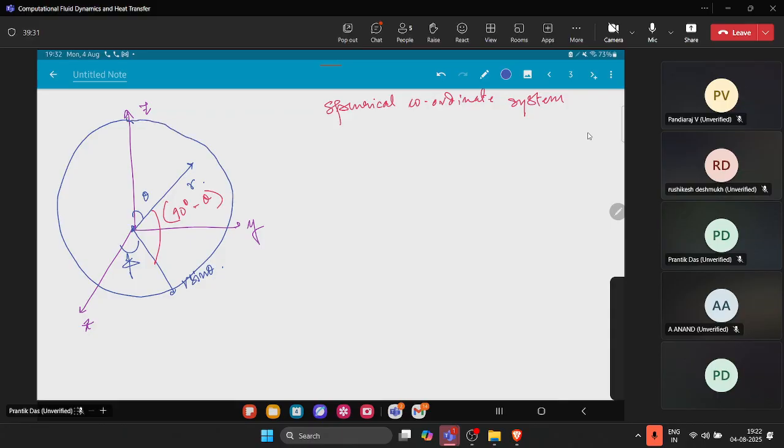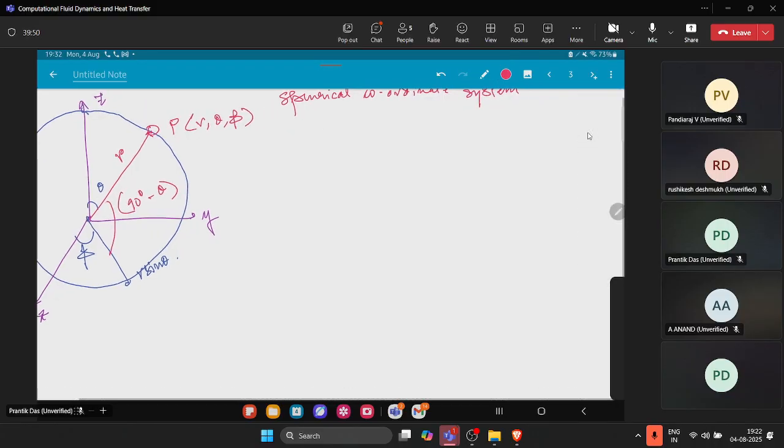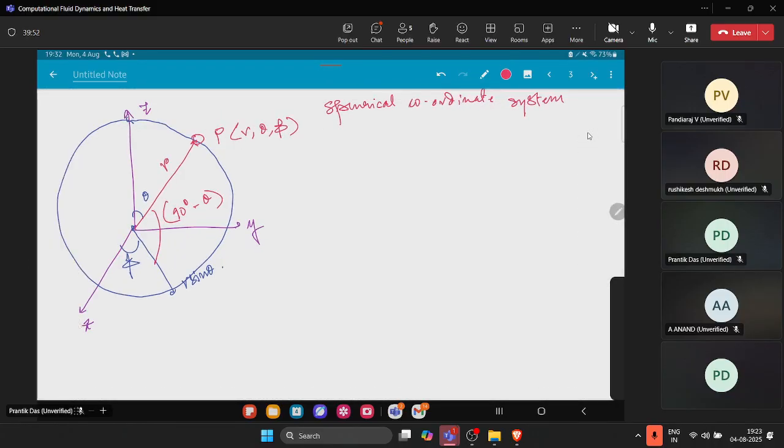Okay, so this is a sphere and P is a point on the surface of the sphere, which is a function of r, theta and phi. This is the radius vector. Then we know the relation between the Cartesian system and the spherical coordinate system. This is er cap along the radius vector direction.